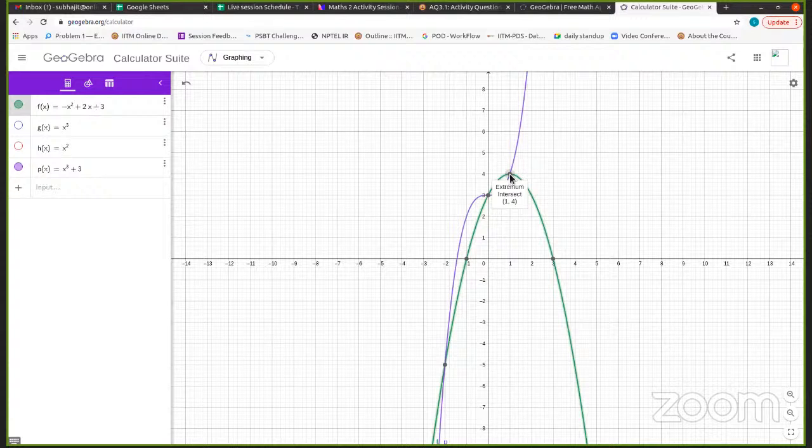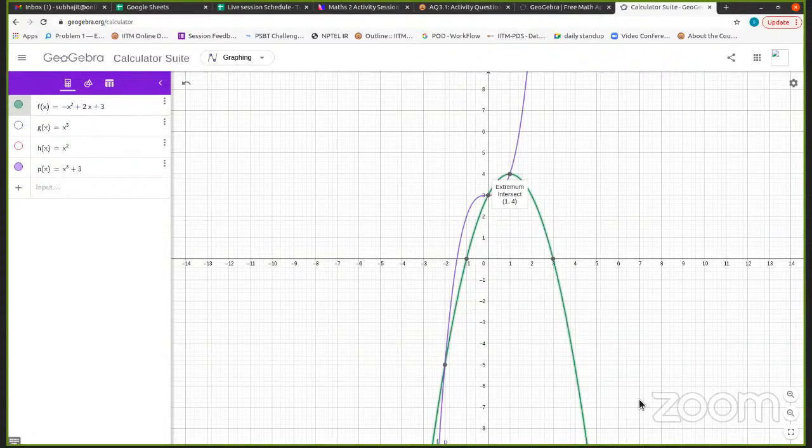Now after 1 this function is decreasing, and on this side, going from 0 to minus 50, this function is again decreasing. So there is a possibility that at 50 or minus 50, there is a global minima. Now, which global minima? Plus 50 or minus 50?